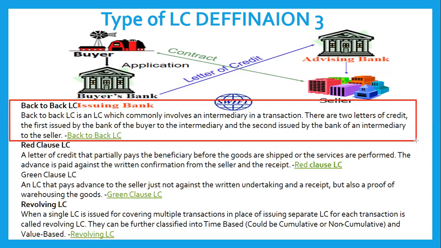in such cases the letter of credit that is opened is called a back to back LC. It commonly involves an intermediary in the transaction. Intermediary means the traders. There are two letters of credit used in this case: the first issued by the bank of the buyer, and the second issued by the bank of the intermediary. The final buyer is the one who is buying the goods, but the trader is also involved because he is part of the payment, part of the transaction.